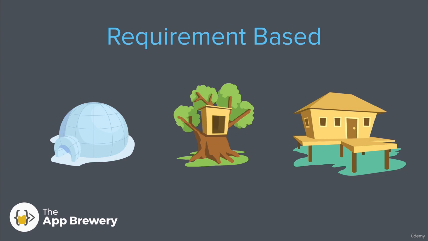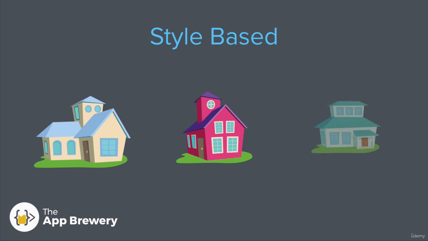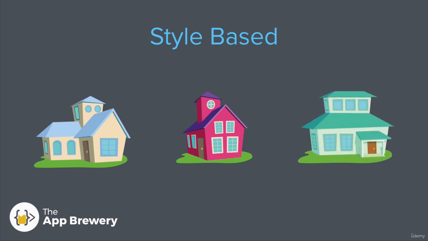Now, there's also other things that you might think about when choosing your architectural pattern, and that's style-based. And this is probably the biggest source of contention because just as we might all have different opinions about which of these houses look the best, similarly, programmers will have different opinions based on what is the best style for creating an architecture for an app or for a program.